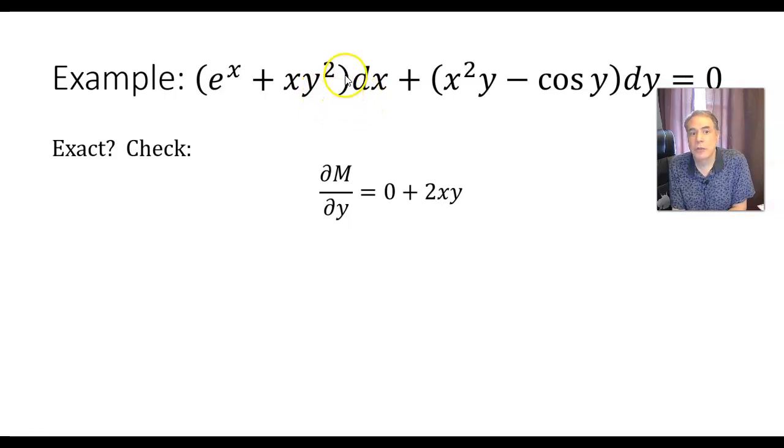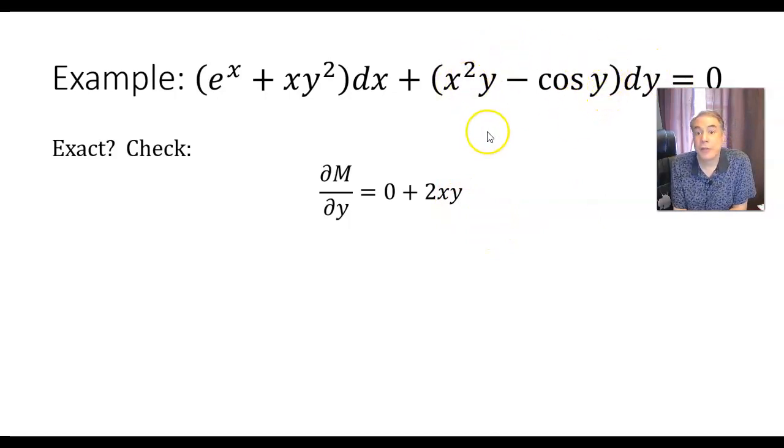So we're looking at the thing in front of the dx and taking its partial derivative with respect to y. Since e to the x is constant as far as y is concerned, its partial derivative is 0. And then treating x as a constant, the derivative of y squared would be 2y, so we get 2xy here.